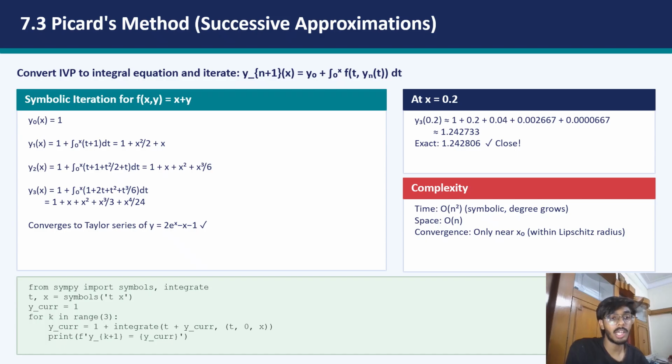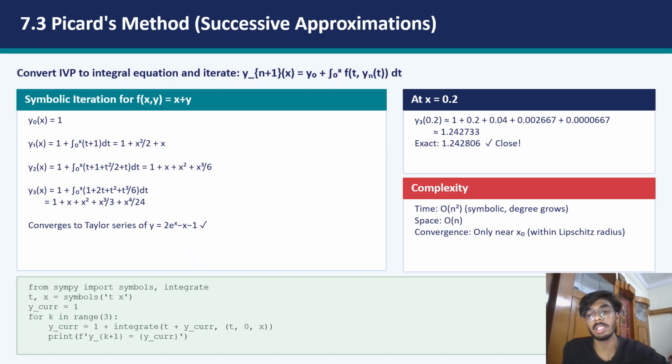For y1(x) we will obtain 1 plus the integration, and respectively so on. Convergence of the Taylor series: at x equals 0.2 we obtain the exact value, which is approximately 1.242733, which is exactly the closest value we obtained.